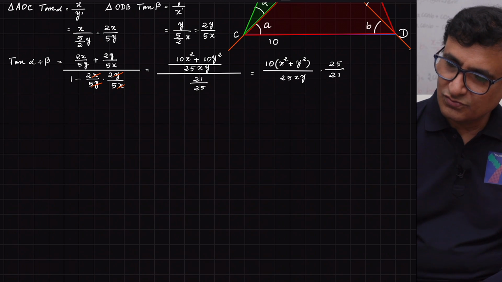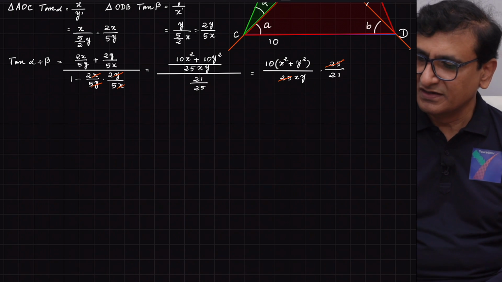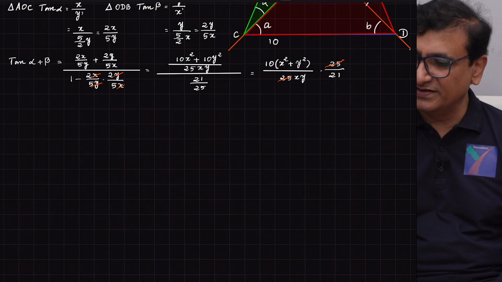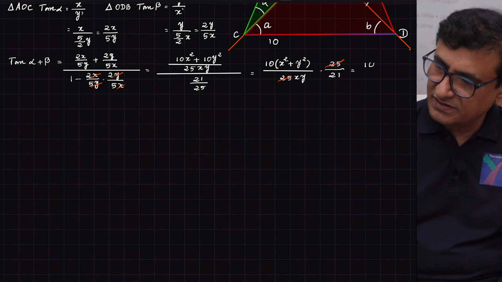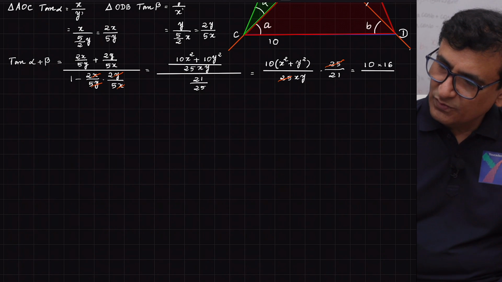Now this 25 gets cancelled. x squared plus y squared is 16 from equation 1. So 10 multiplied by 16, the whole thing divided by 21xy.